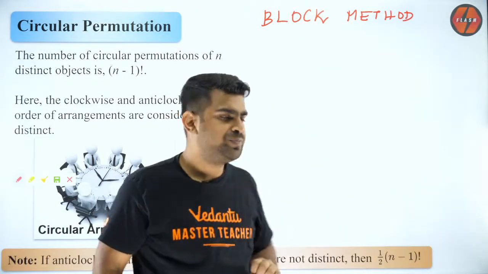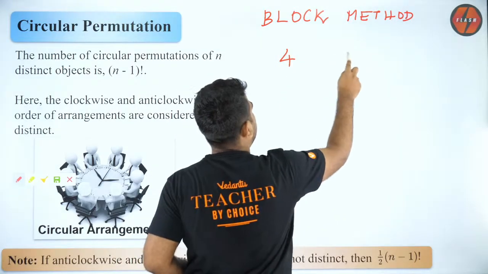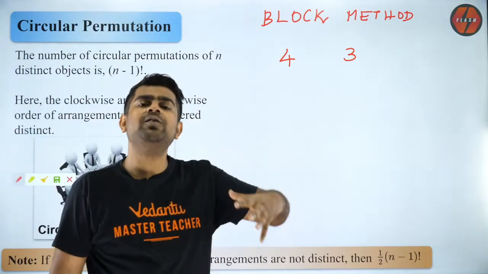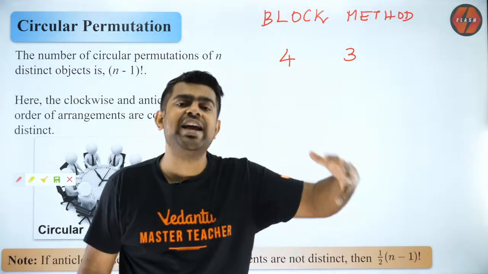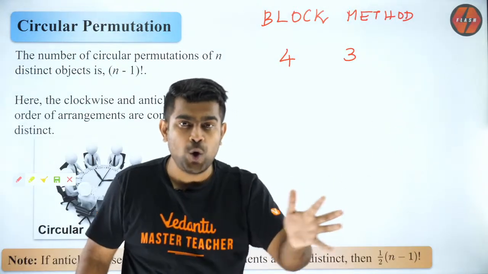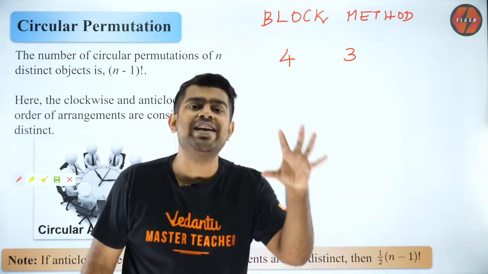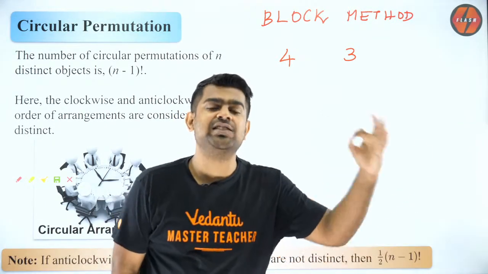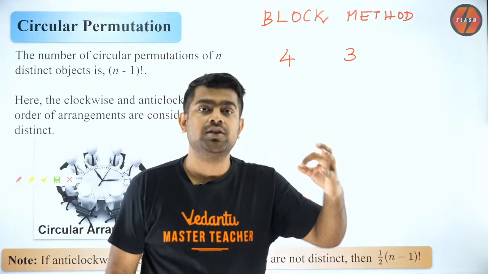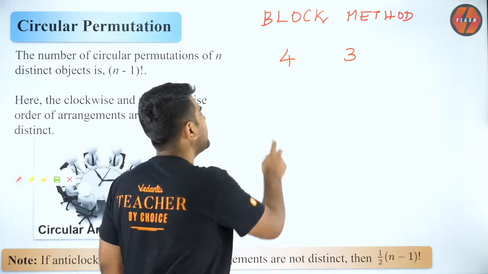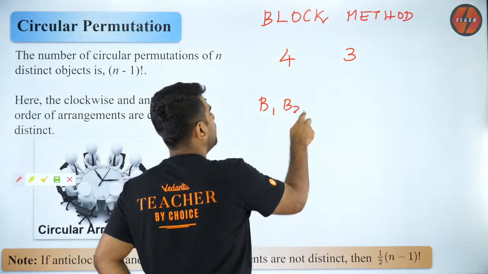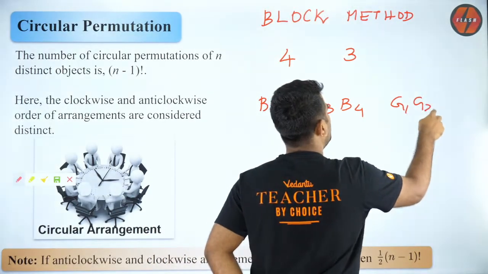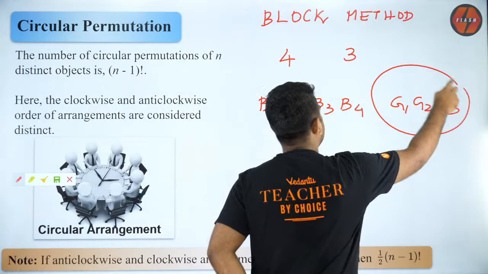Okay. For example, there are 4 boys and 3 girls. Okay. So I want to ask you, how many ways can you arrange them in a row such that the girls are always together? How do you do that? You take boy 1, boy 2, boy 3, boy 4, and then girl 1, girl 2, girl 3, you put them in a bag.